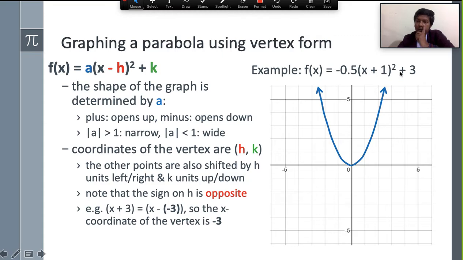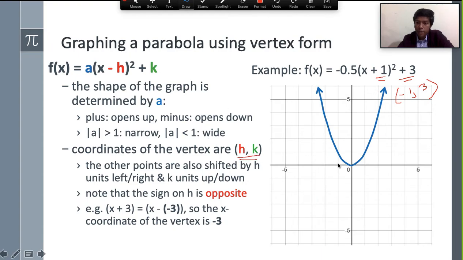In this example, if it is minus 0.5 times x plus 1 whole squared plus 3, how can we decide where it will go? You see, h comma k is the vertex, so minus 1 comma 3 will be the vertex based on this rule.